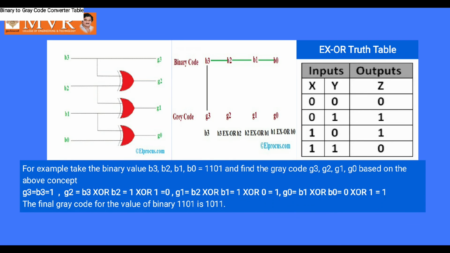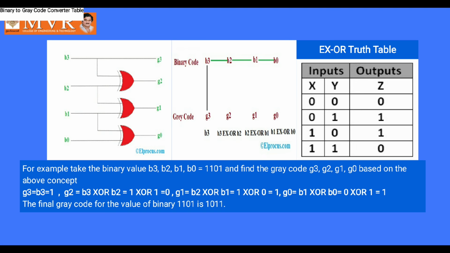See, B3 is written as G3 as it is. So what is the actual B3 in the example? 1. So B3 is 1, and the same is written as 1. So G3 is equal to B3. Now the next bit, G2.